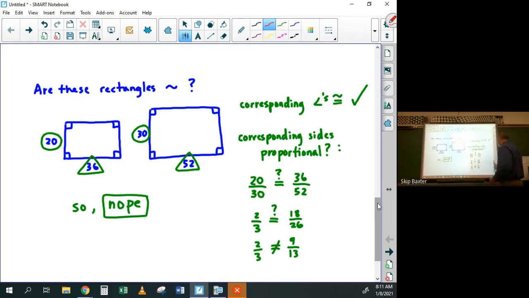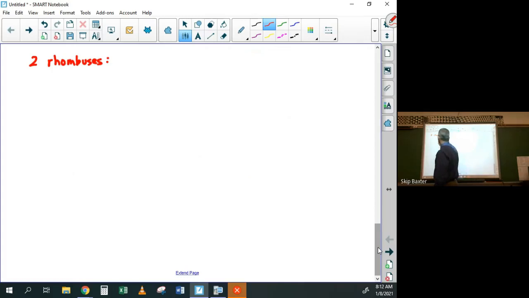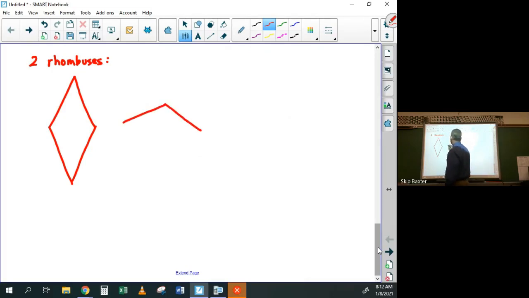How about this one? What if I said you have two rhombuses? You guys know what a rhombus is? Yeah, like a diamond shape. So suppose I have two rhombuses, one of which is looking like this, and the other one which is situated this way.